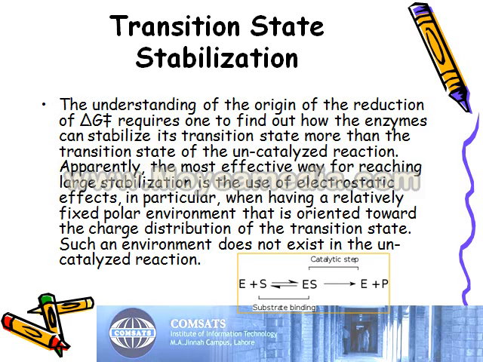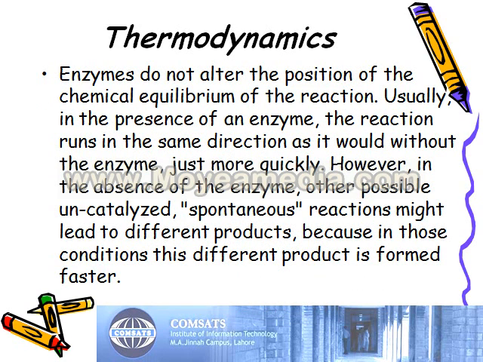Apparently, the most effective way of reaching large stabilization is to use the electrostatic effect, in particular when having a relatively fixed polar environment that is oriented towards the charge distribution of the transition state. Such an environment does not exist in an uncatalyzed reaction.